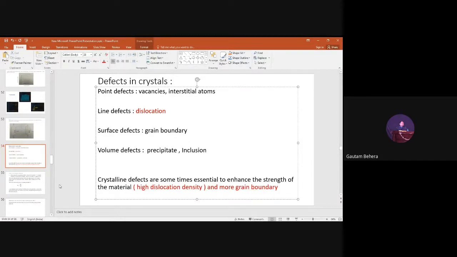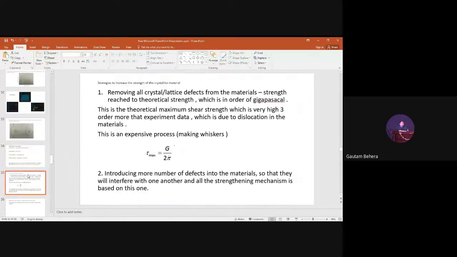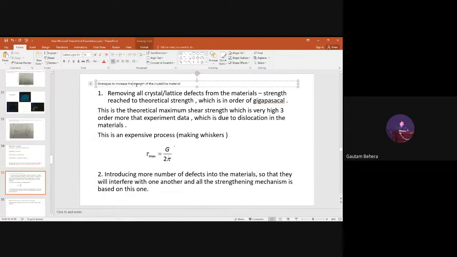Number of dislocations per unit volume, or what? Okay. So now, okay.